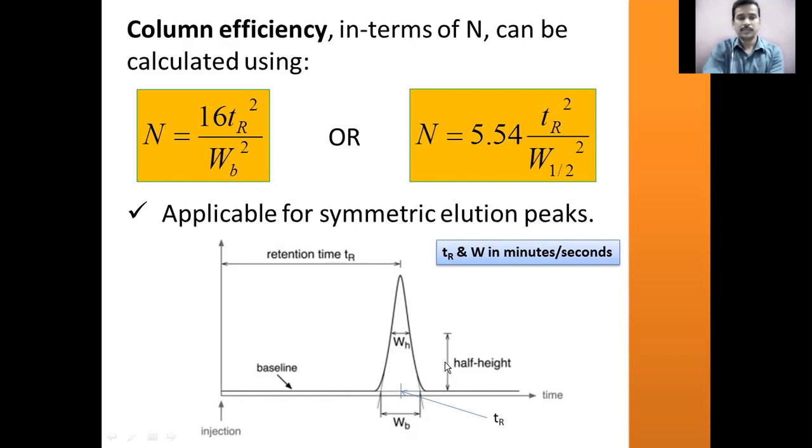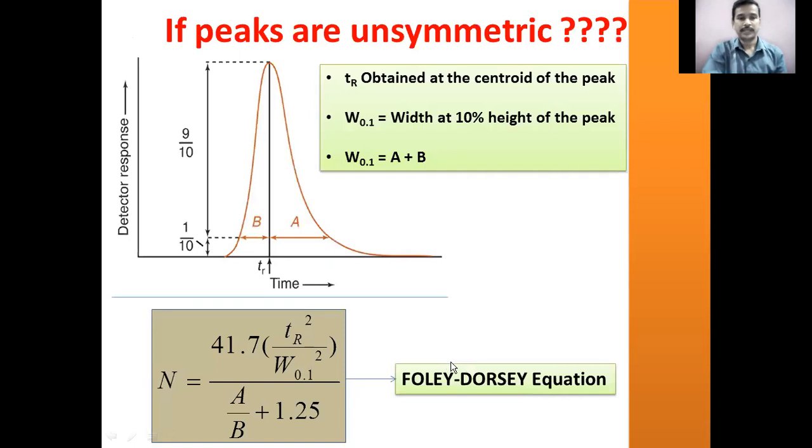If the peaks are unsymmetric, in certain cases, peaks will be eluted with unsymmetry. You see here, this is the retention time. The distance towards the left hand side from the retention time to the initial point of the chromatographic peak is not equal to the distance between the retention time point and the terminating point of the chromatographic peak, denoted by B and A. B is not equal to A here because this peak is unsymmetric.